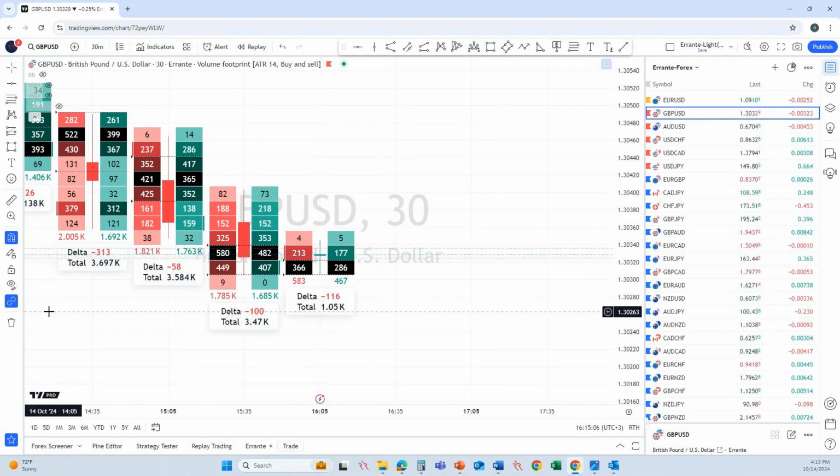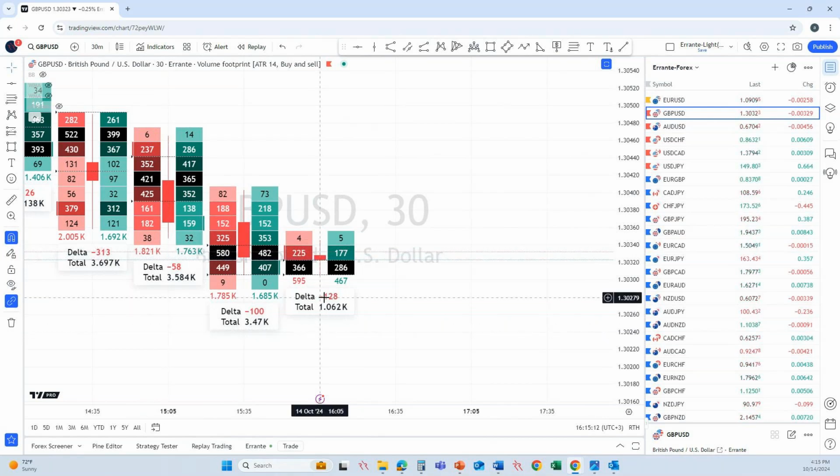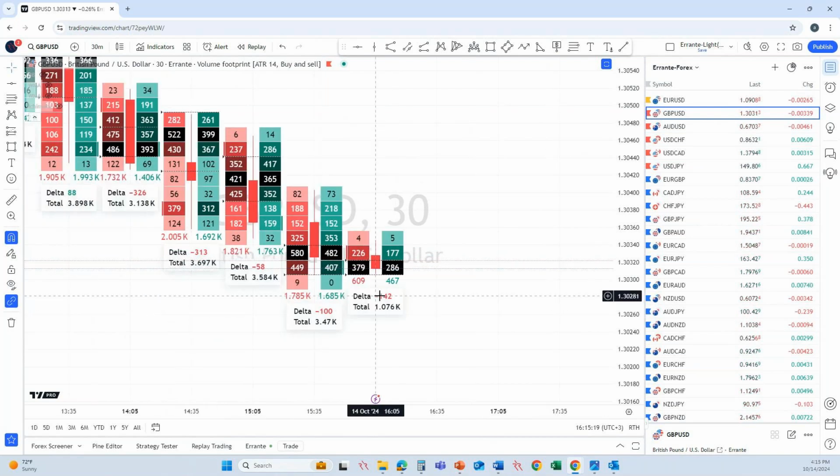And in this case, the delta is 120 minus 122, meaning that there were more sell market orders, aggressive selling than buying orders, indicating that sellers were more dominant during this period. And we see this is a bearish candle to the downside.